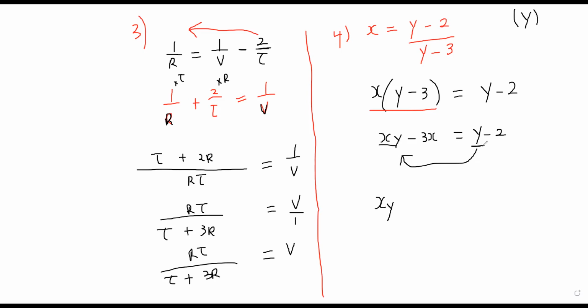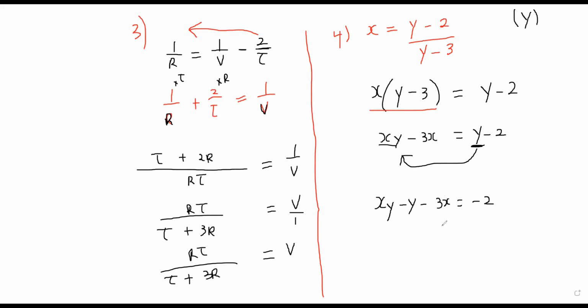A positive y, right? The sign in front of it is positive. So if we gotta subtract, it becomes minus y. And then we have the minus 3x that is already there. And what's left on this side is minus 2, not 2. Minus 2 is left on that side.